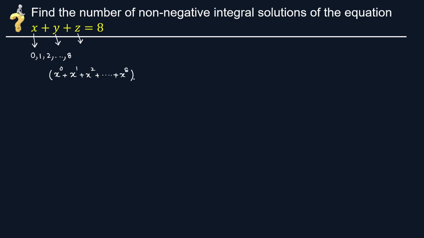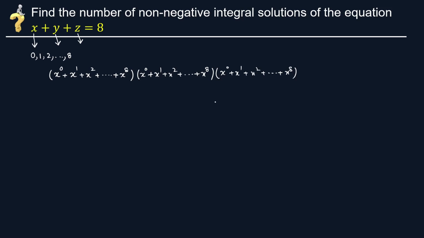Maximum he can receive 8 coins. Same thing for the second person. He will receive either 0 or 1 or 2, maximum 8 coins. Same thing with the third person. Am I correct or not?